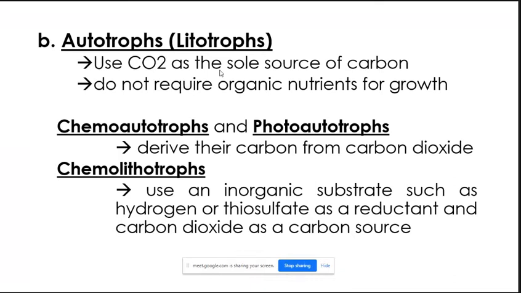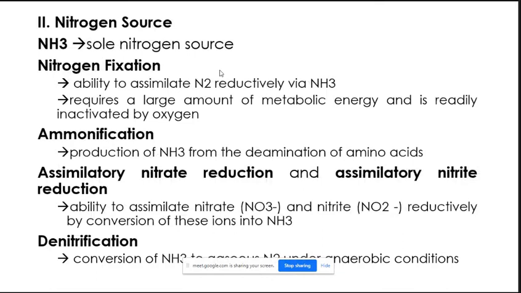Kasi dito, use an inorganic substrate such as hydrogen or thiosulfate as a reductant and carbon dioxide now as a carbon source. But if you get into some books, they said that yung earlier journals, ang ginagamit nila, instead of chemoautotrophs, they were using chemolithotrophs.